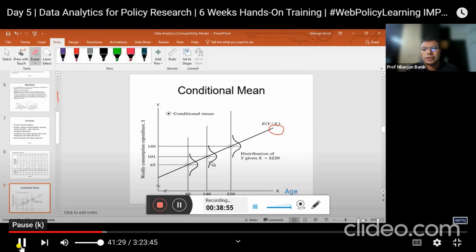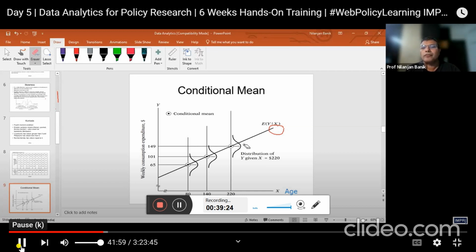Clear? So this is in the context of one variable. Now, if we have more than one variable, which is the case in most situations, we are basically trying to fit a hyperplane, because it's not possible to draw a two-dimensional figure as you see over here.